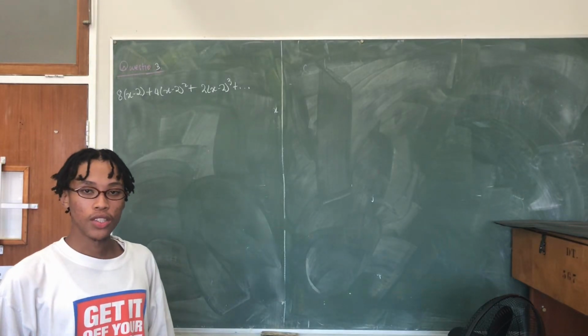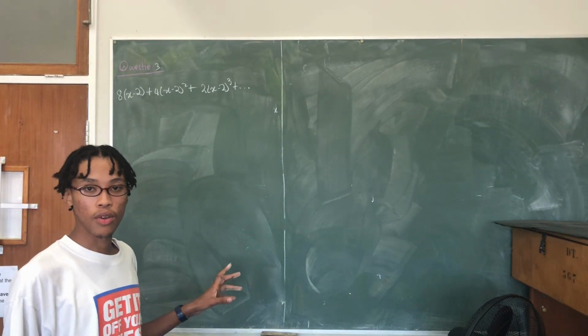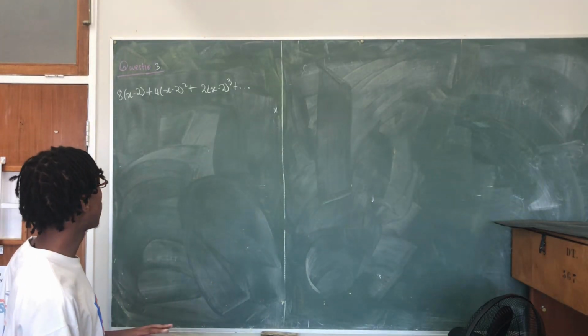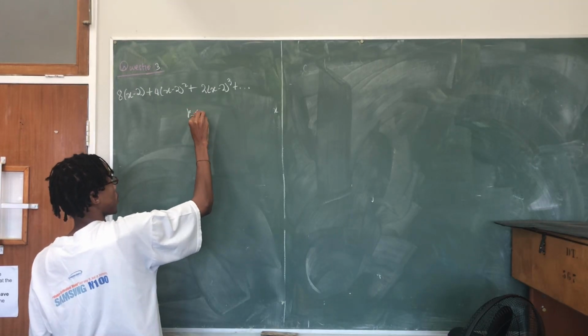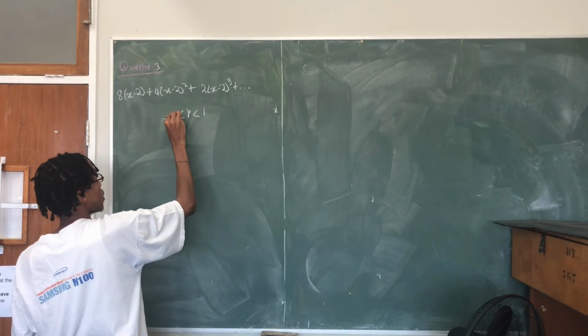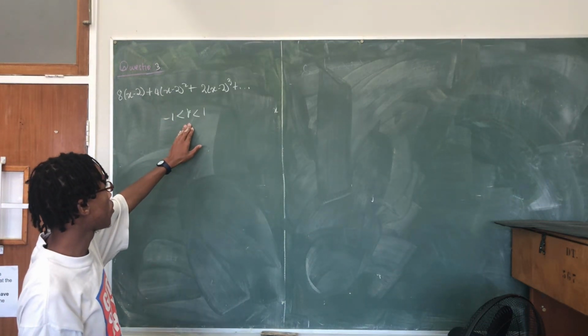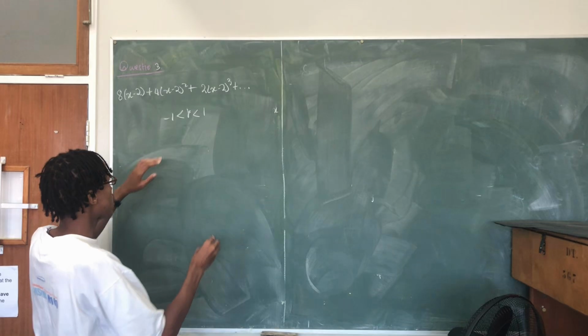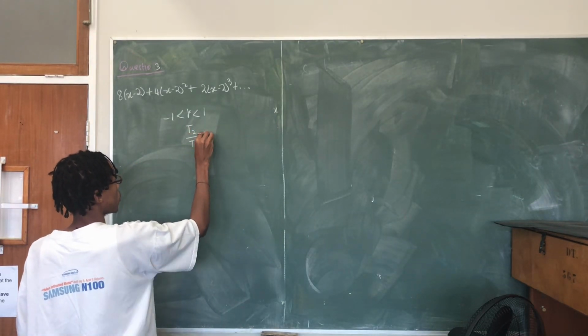So, for this question, we are asked to determine the value of x if the series will converge. In a geometric sequence, the series will only converge if our common ratio is less than positive 1, but greater than negative 1. One way to find the value of the common ratio is by saying T2 over T1.